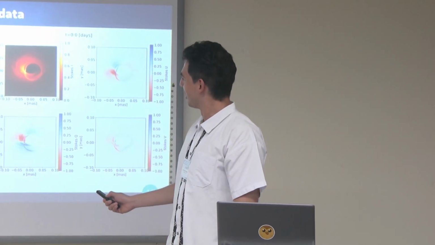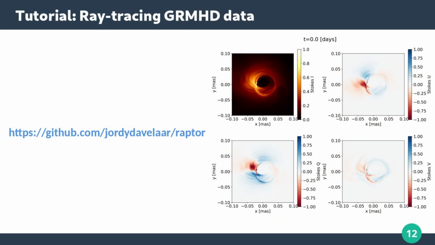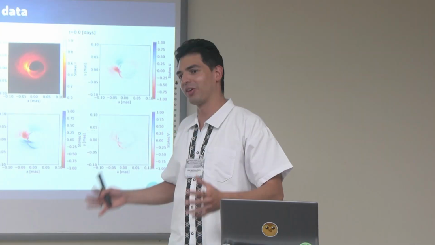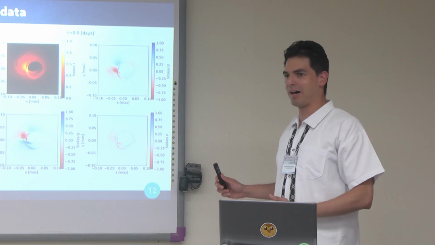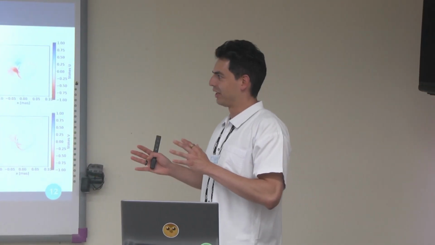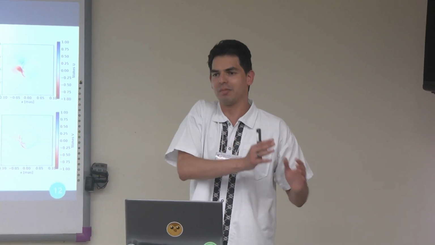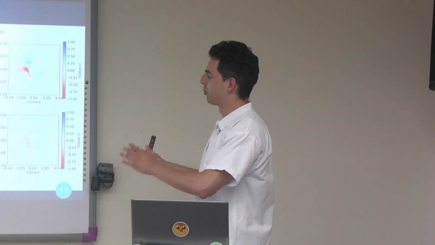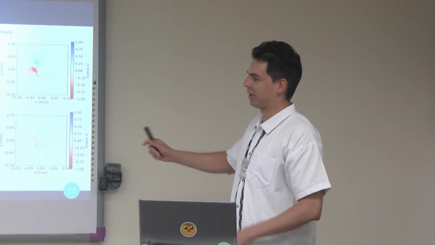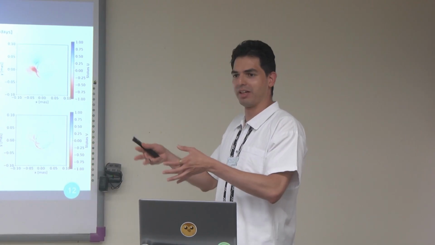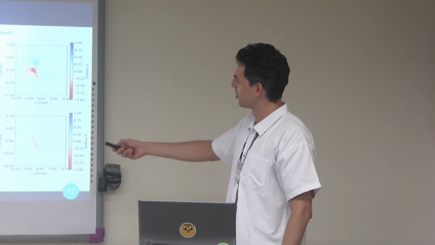So, now we will try to learn how to use a code that considers all, or almost all, that we saw during the past hour. This will not do the image reconstruction, but it will take us from the GRMHD simulation to obtaining an image that was ray traced, solving the radiative transfer equation for the case of synchrotron emission.